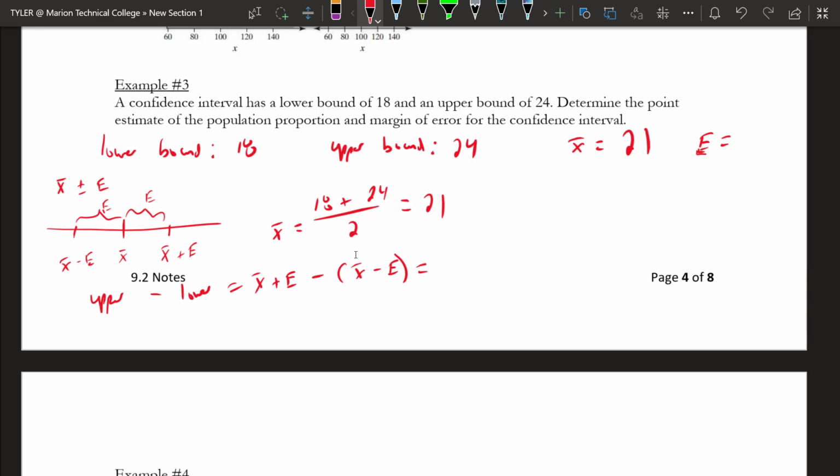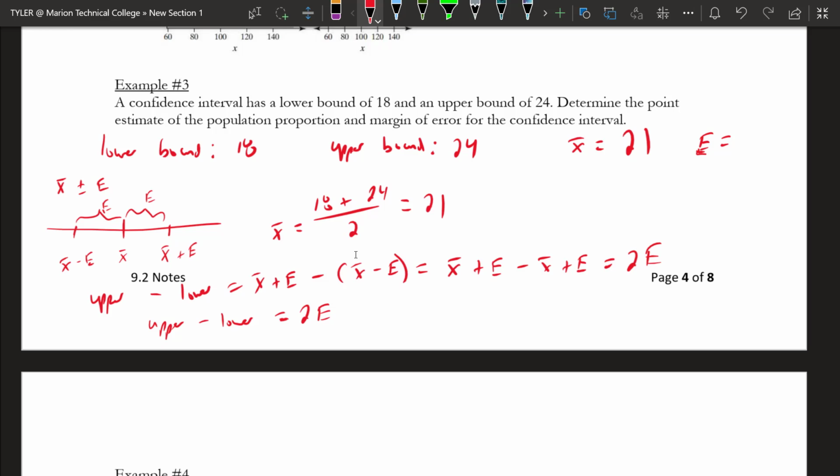So this would be equal to x bar plus e minus x bar plus e. So the x bar minus x bar cancel out, and then e plus e is 2e. So what this is showing you is that the upper minus the lower is equal to 2e. In other words, the width is equal to twice the error. So you could plug these values in and solve for e is one way to do this.